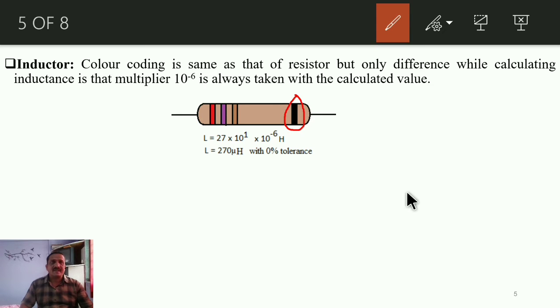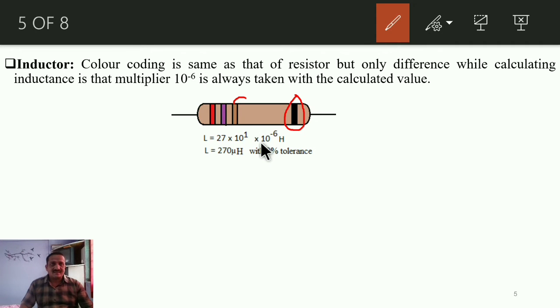Over here it is shown as black. The value of the inductor is calculated from the first two colors as their concerned numbers, that is 2 for red and 7 for violet, into 10 raised to the third number as power.